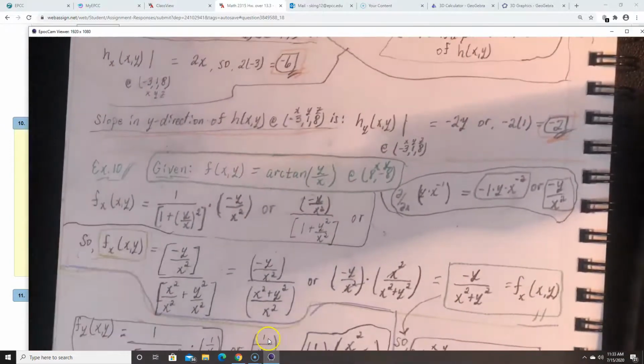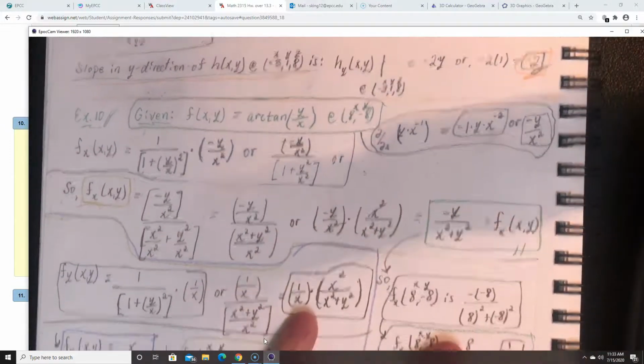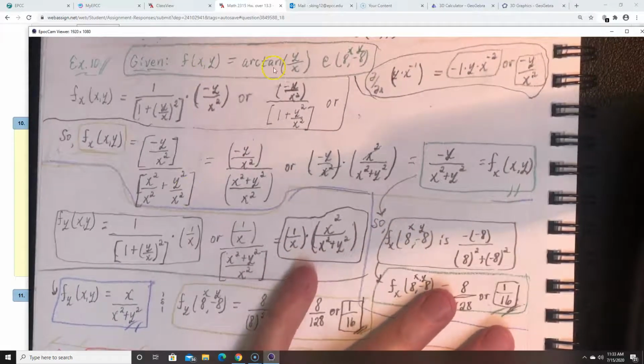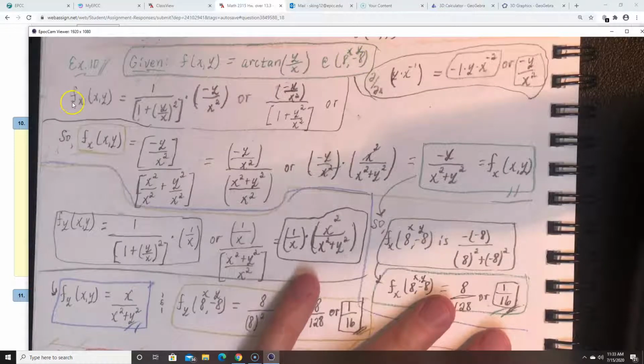So number 10, here's the function, here's the point. Now the partial derivative with respect to x of f, which is a two-variable function with respect to x and y, there it is. Now how do you differentiate arctangent of an inner expression?